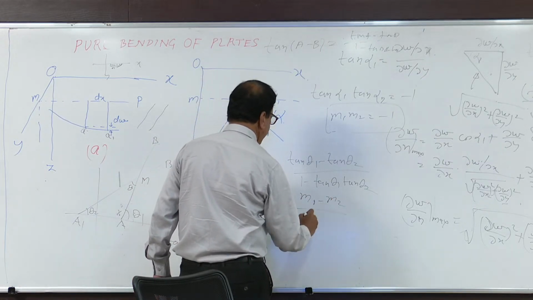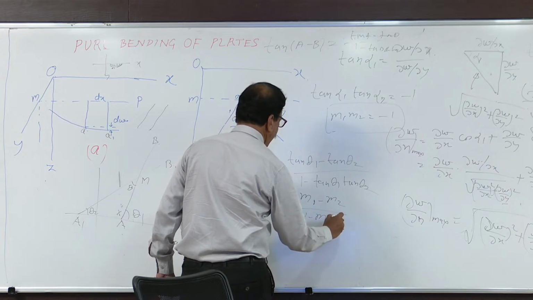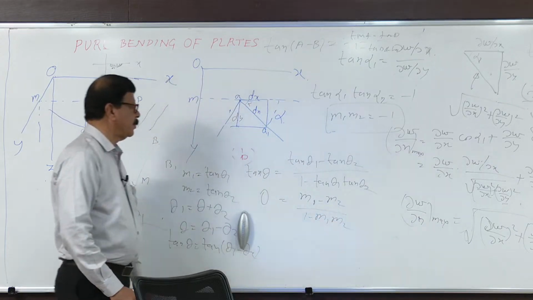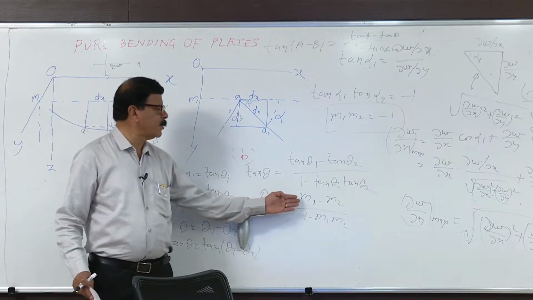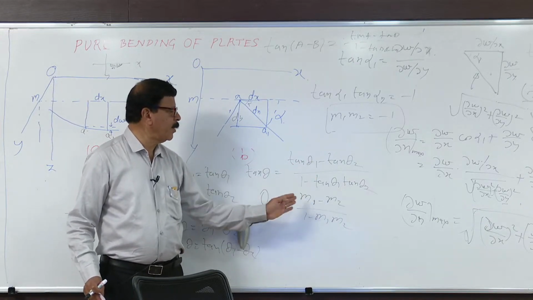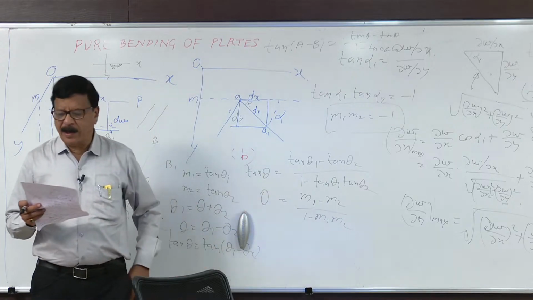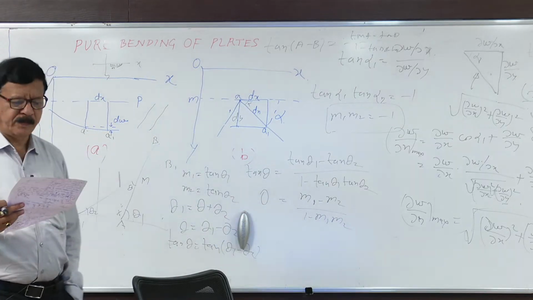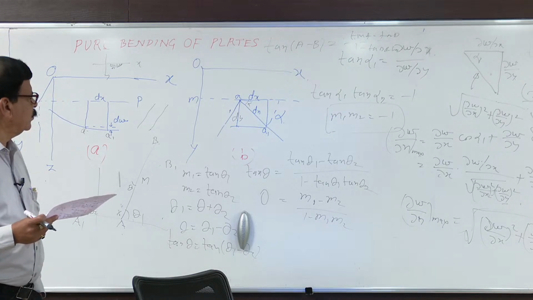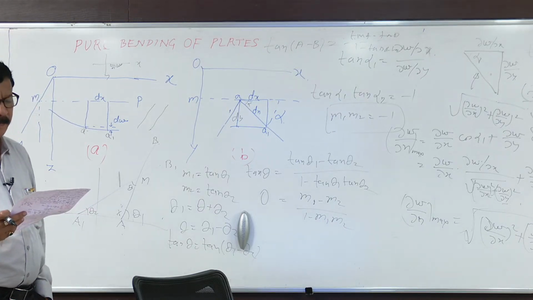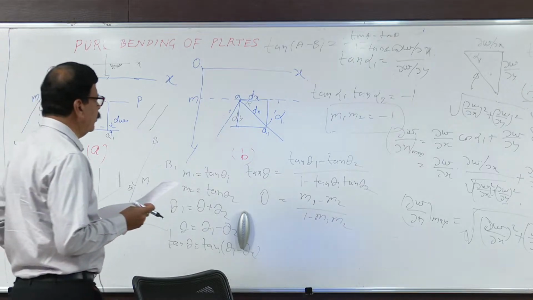Pradeep? Zero, sir. Yes. If we denote the slope of the two lines with m1 m2, then m1 minus m2 upon 1 plus m1 m2 is equal to 0. What will you get? M1 equal to M2.